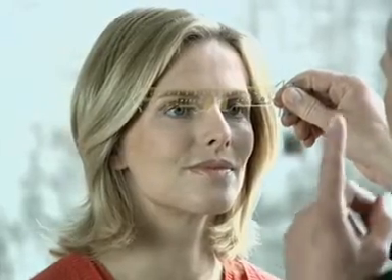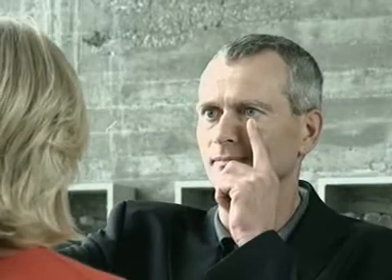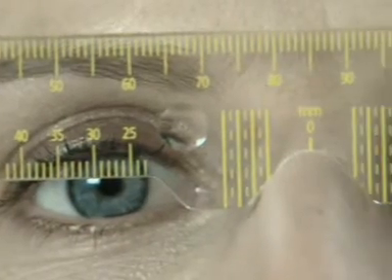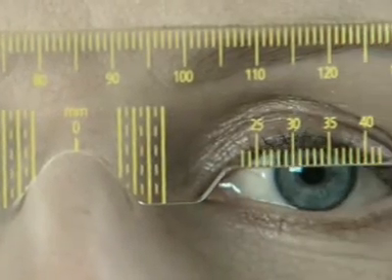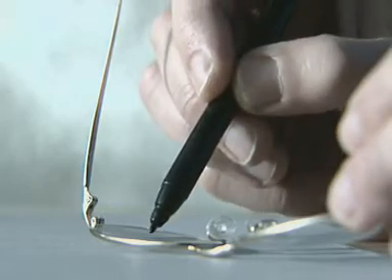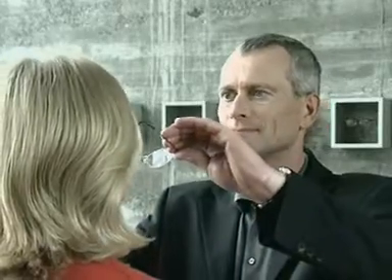Just place the tool at the root of the nose and instruct the patient to focus alternately on your left and right eye in order to exclude any possibility of incorrect measurement due to convergence. Read off the value at the point the scale intersects the pupil center for both eyes separately. Now transfer the values to the dummy lenses and recheck the result with the marks on the lenses of the fitted frame.